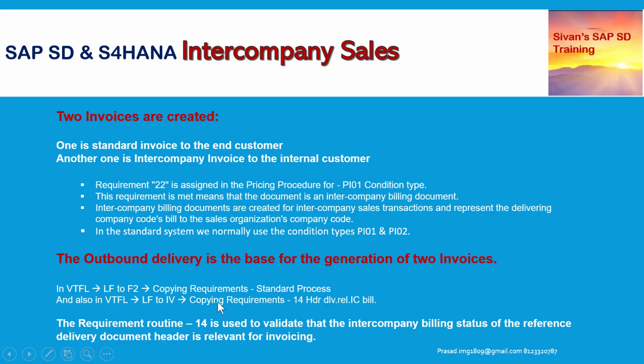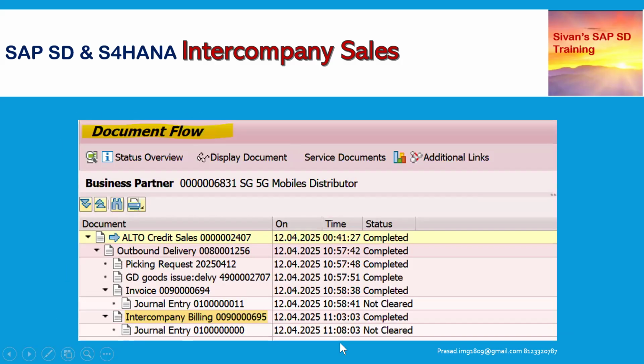In this intercompany invoice, the requirement is 14, header delivery related intercompany billing. The requirement routine 14 is used to validate that the intercompany billing status of the reference delivery document header is relevant for invoicing. So this makes a difference. This is what we have to keep in mind.